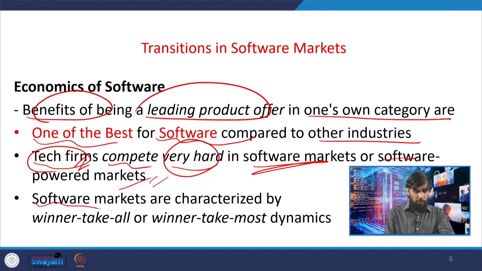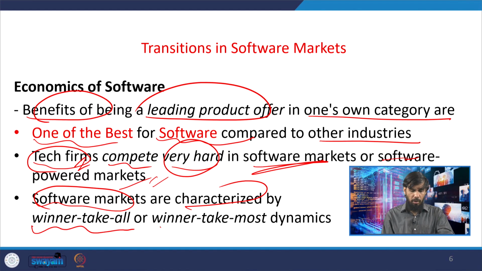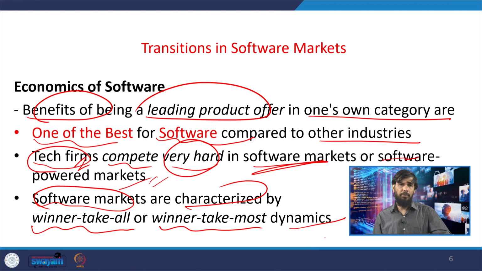So software markets are typically characterized by winner take all or winner take most dynamics. That means whoever is the winner, the IT firm that wins in a particular software product category or computer hardware or in general IT product category, might be in a position to take the whole market, winner take all, or take most of it.